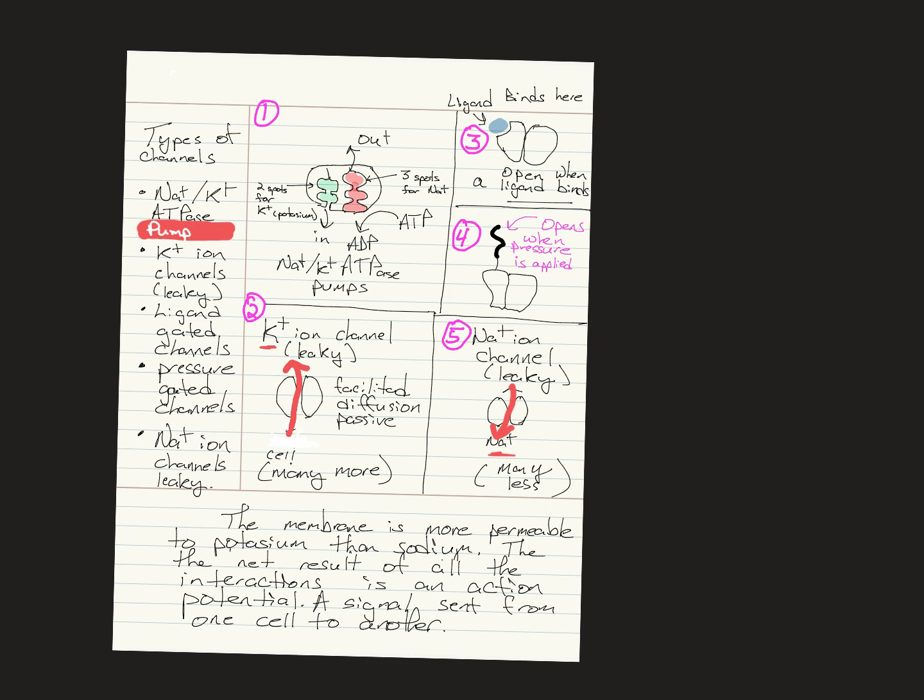So it's moving potassium, or K plus, out of the cell. K plus is potassium ion, out of the cell. Where Na is sodium, it's moving sodium into the cell. So make sure you have that straight in your mind, and you have it straight in your notes.